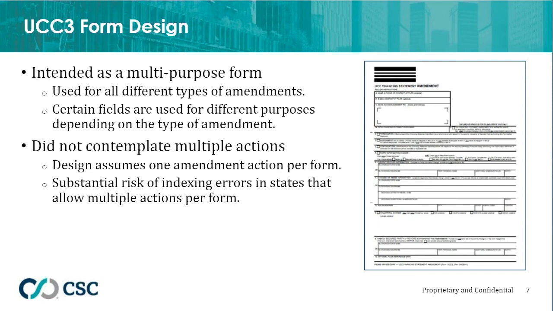So the design really assumes one amendment per form, and even in states that do accept multiple actions on the same form, there oftentimes isn't an advantage to that because there isn't necessarily a cost savings because they'll charge multiple fees, and there's a greater risk of indexing errors. So it's generally recommended to do only one action per form. Most state electronic filing systems only allow one action per UCC3 record.